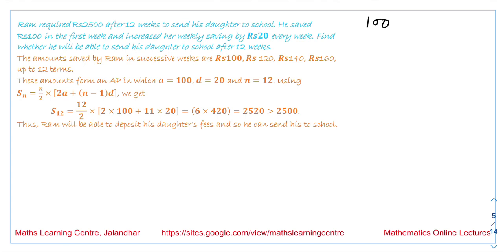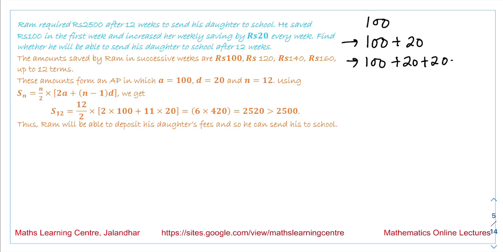So in the next week the saving is this, and the next week it is this. These are the savings every next week. Find whether he will be able to send his daughter to school after 12 weeks.